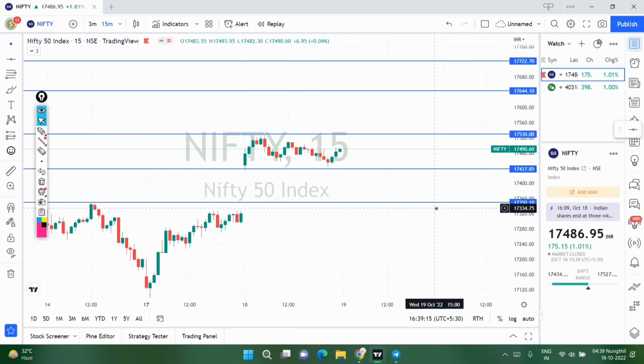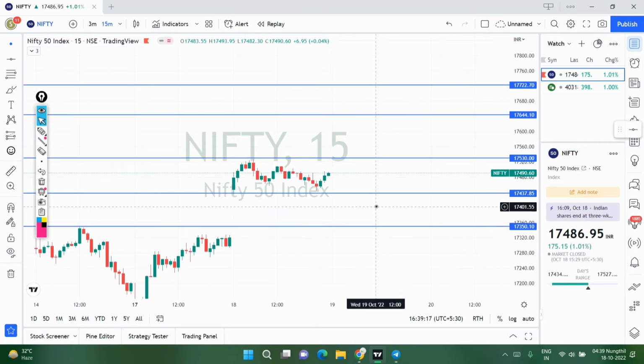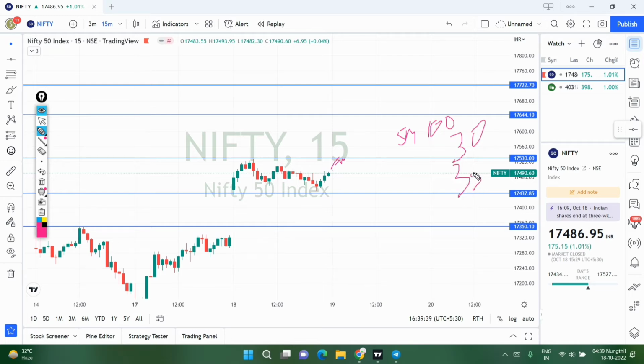Let's assume that Nifty 50 opens flat, and if it crosses 17,550 from here, let's say it opens around 17,500 and crosses above 17,550 in 5 minutes, if it gives a closing above 17,550, then we can target 100 points by keeping 30 to 35 points as a stop loss below this.